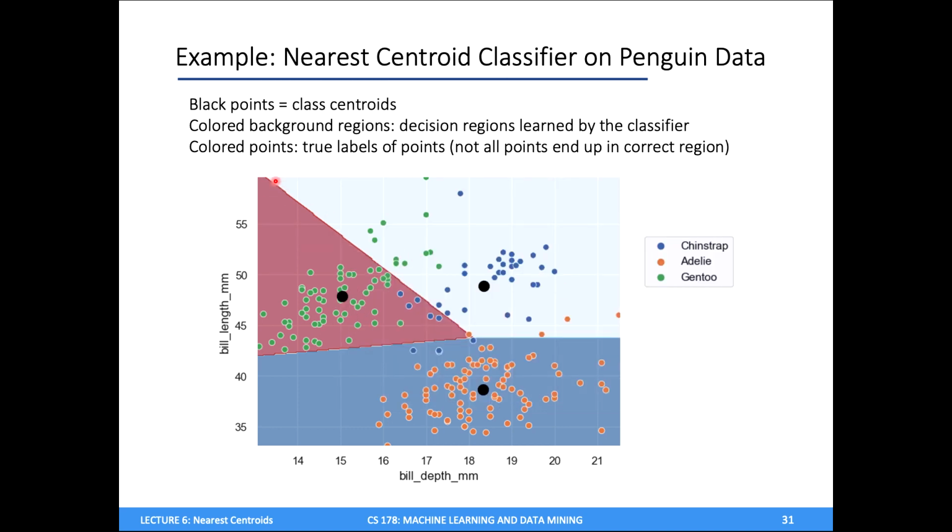By the decision boundaries, I mean these lines here that separate the decision regions. Any point on these lines is a point where the distances to 2 centroids are equal. So if I'm on this line, the distance to this centroid is the same as the distance to this centroid. And so it's the line that separates these 2 decision regions.